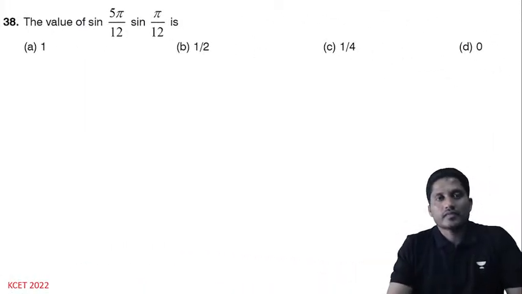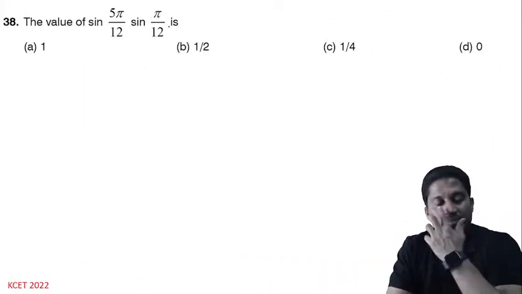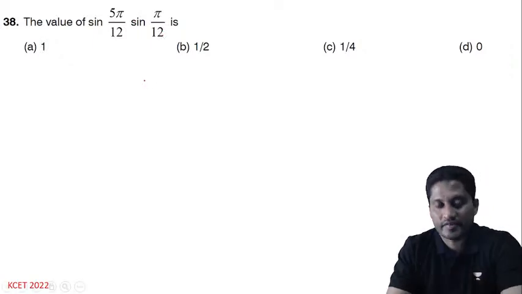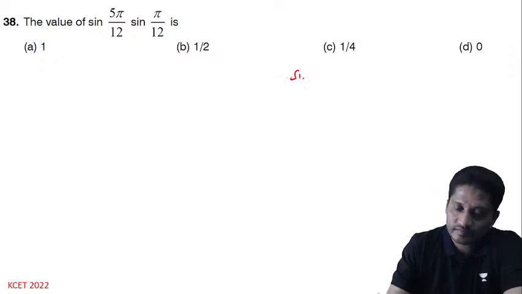Question number 38. See, actually 5 pi by 12, 5 by 12 is 15, 15 into 5 is 75 degrees. Let's do it like this.